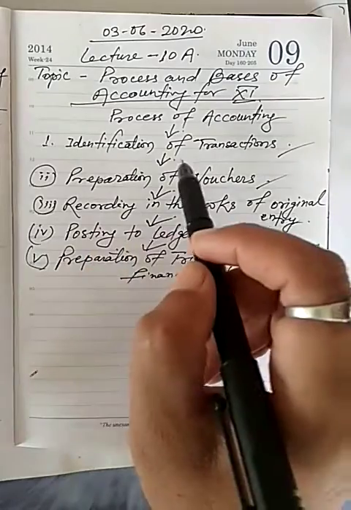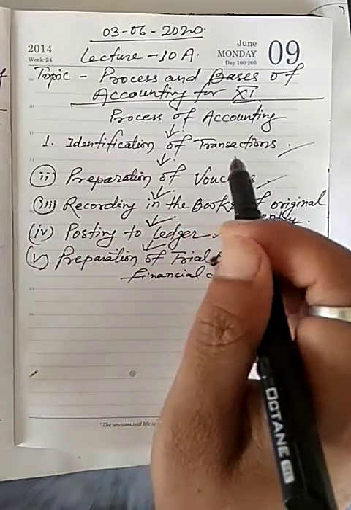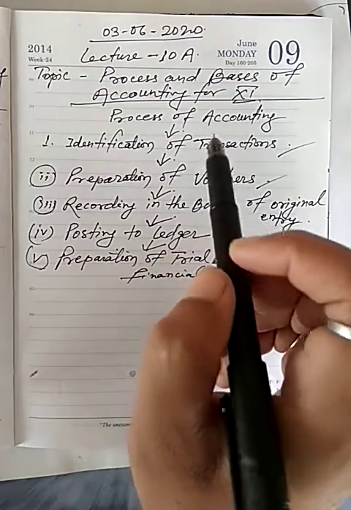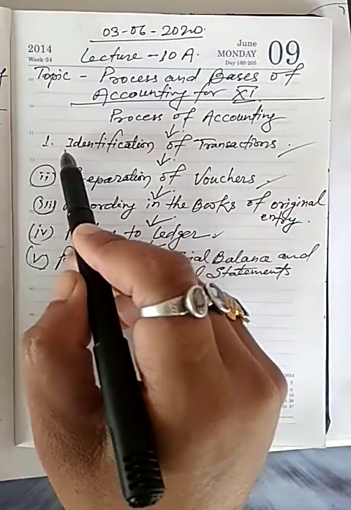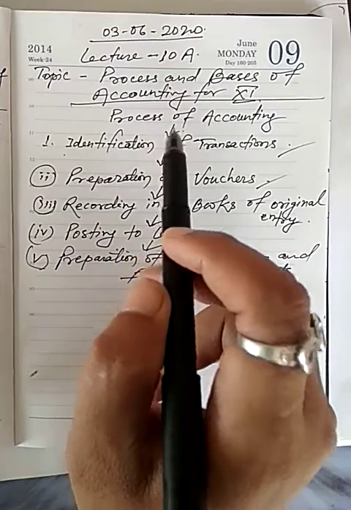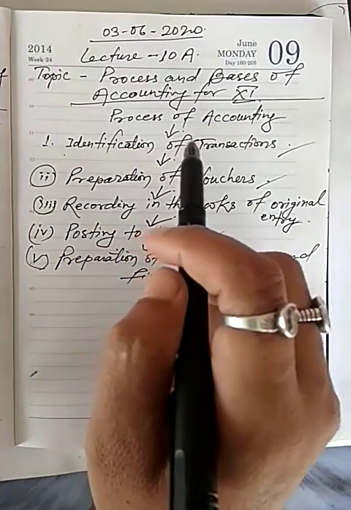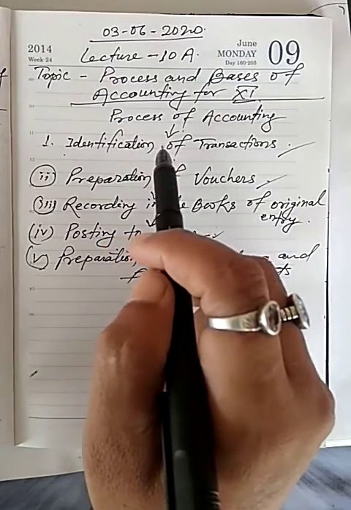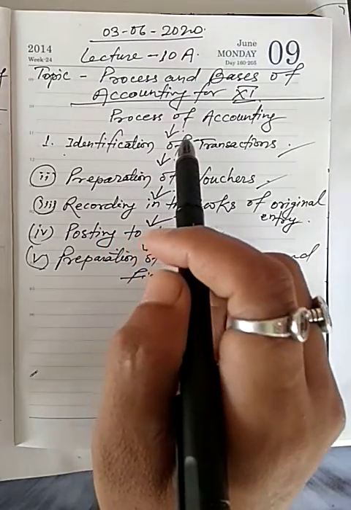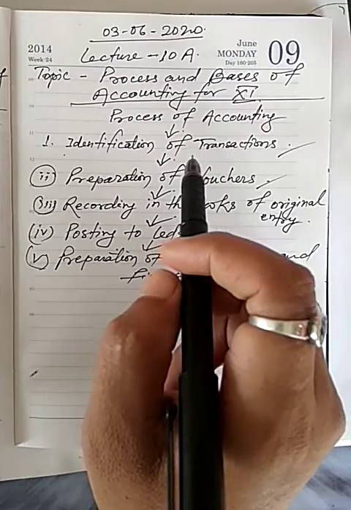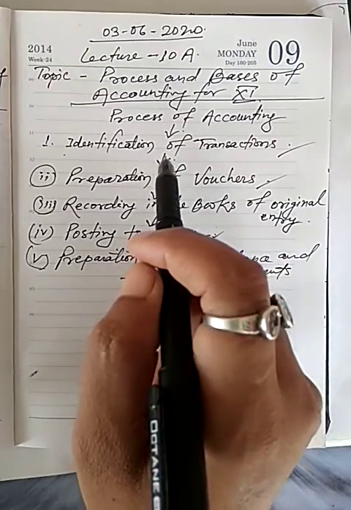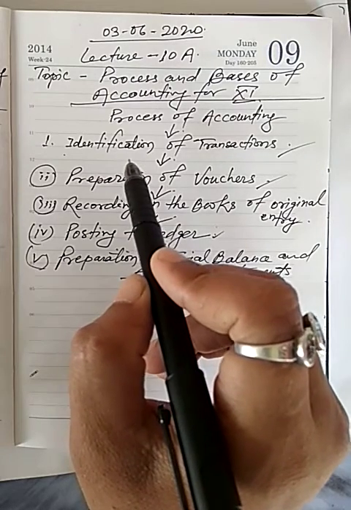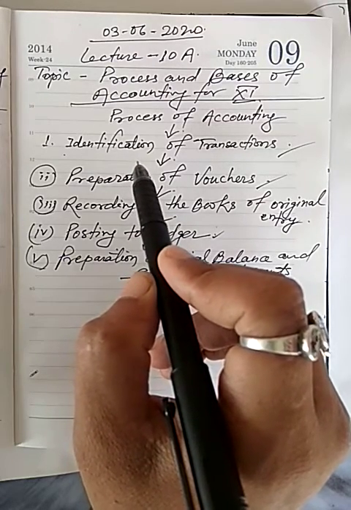Now, what do you mean by identification of transaction? Accounting deals with business transactions which are monetary in nature. In other words, the transactions which cannot be measured and expressed in terms of money cannot be recorded in accounting.